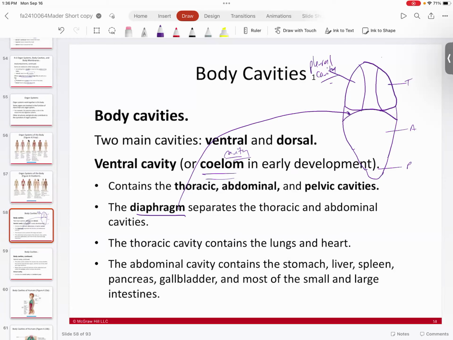Then you have this middle shaft-like cavity area called the mediastinum, and it has two pieces. The lower mediastinum is a very special place called the pericardial cavity. This is where your heart resides. And then up here in the upper mediastinum is where your trachea and your esophagus are.